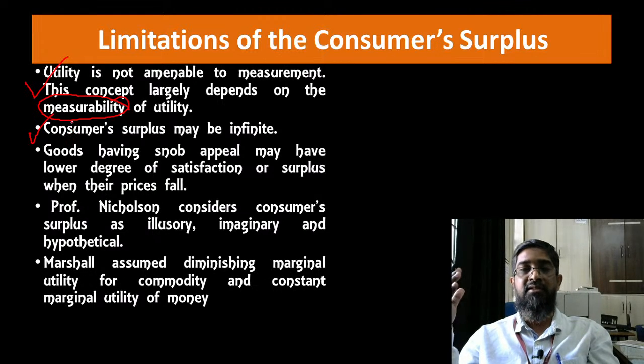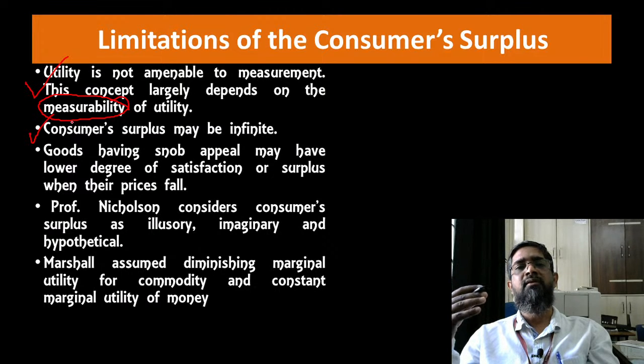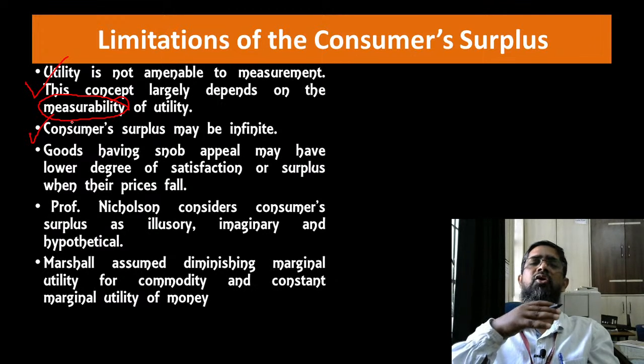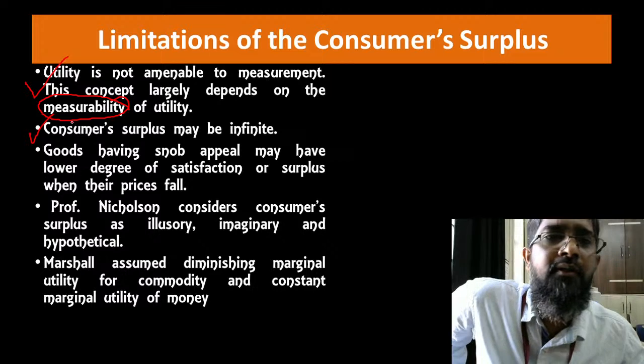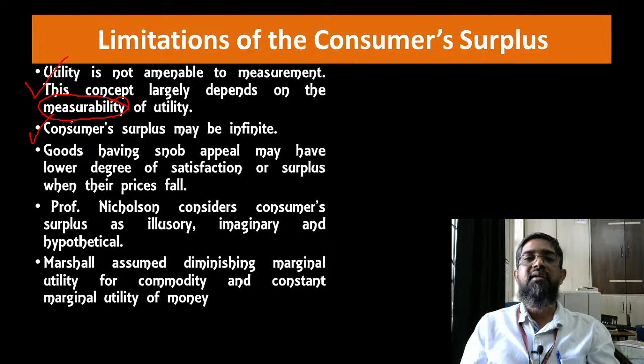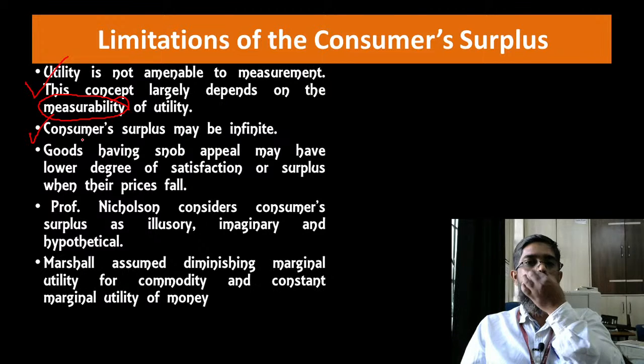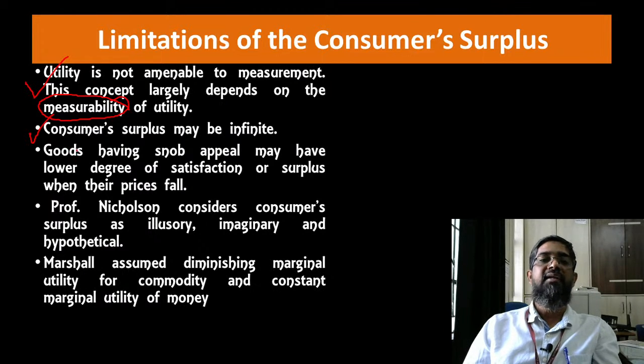In some goods, the consumer may be behaving irrationally, like owning something precious such as a metal, or the Mona Lisa painting, or any rare commodity. You are ready to pay an infinite amount, the value is very high. So in that case, consumer surplus may be infinite.